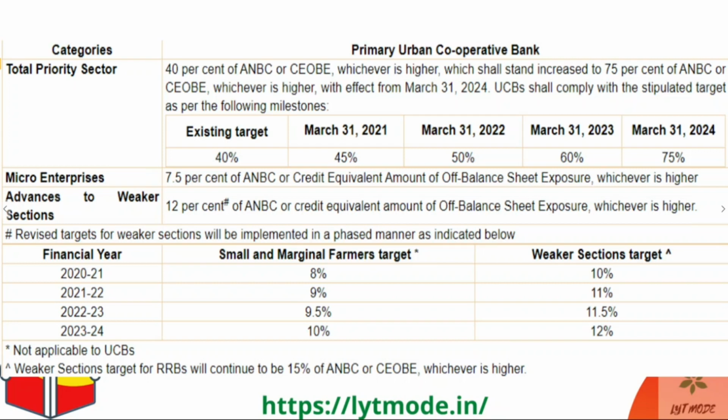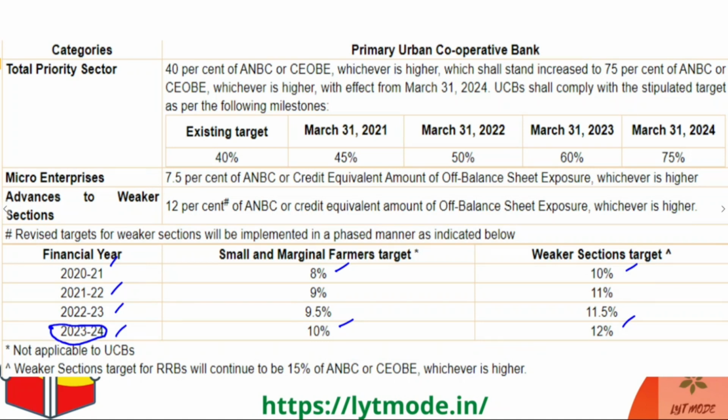Similarly, for the weaker sections, the banks have been given 4 financial years to reach the increase of 2%, from 10% to 12%. And here, from 8% to 10%, they've been given 4 financial years. So beginning from FY21 to 22, 23, 24, FY24 is the year when they have to actually reach these targets. And you need to remember this, FY24. Okay guys, you need to remember it.